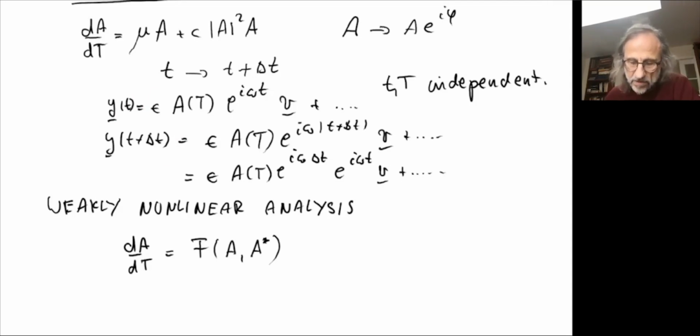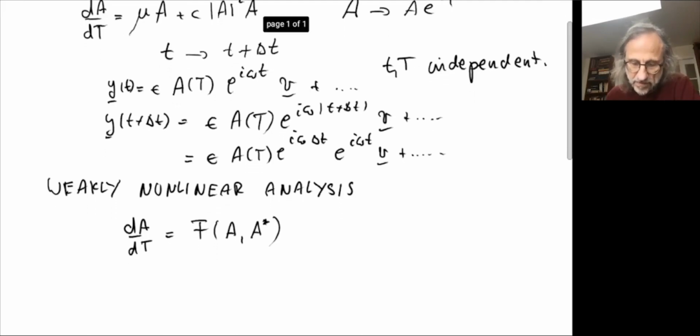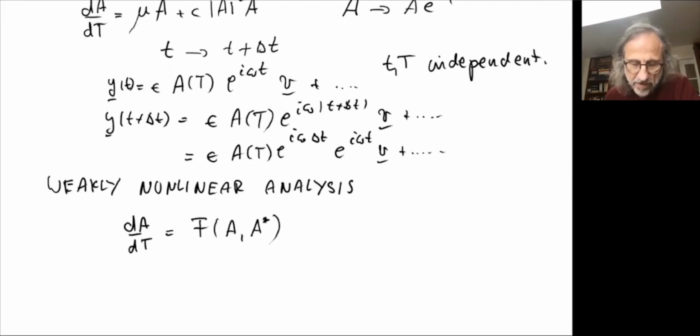Okay, and so what we saw also in this little calculation here is that if you write down y of t plus delta t, you can write it in this form, which is pretty much the same as for y of t, except that A is replaced by this factor here.